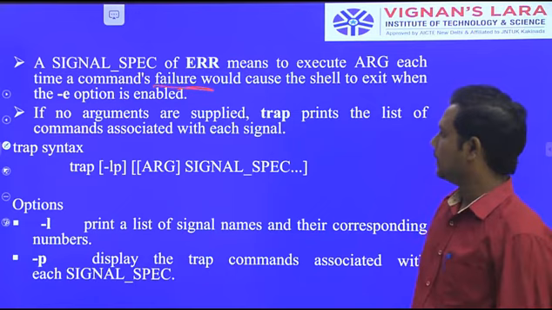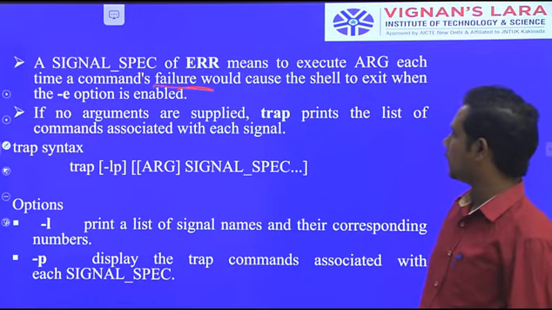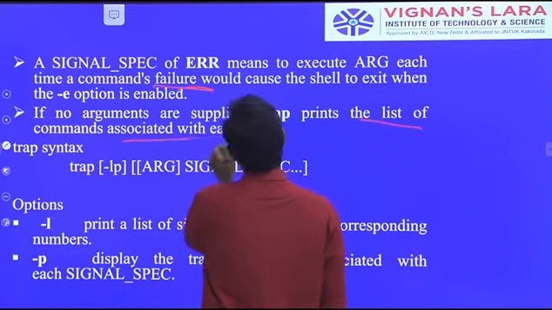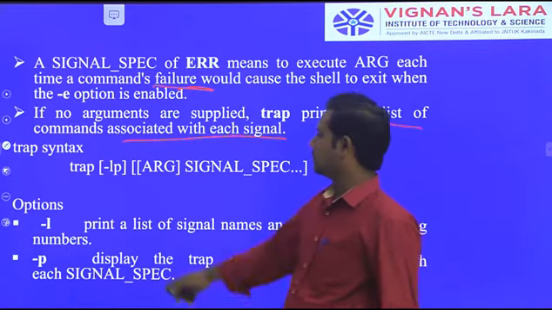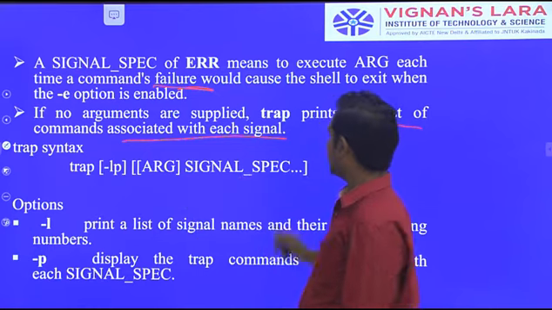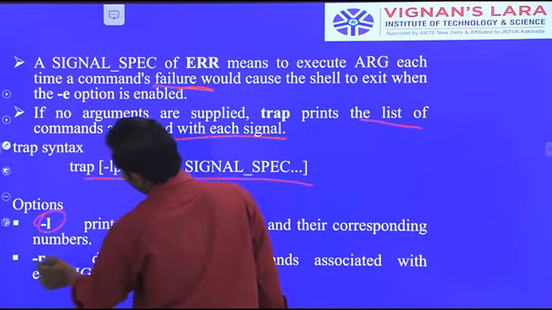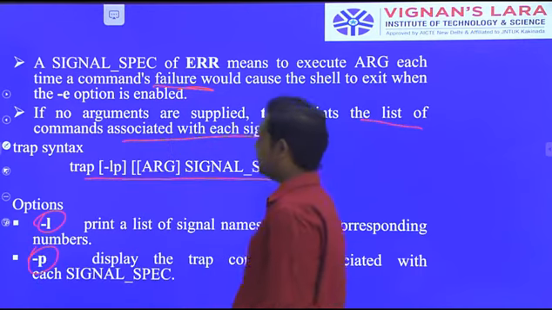I told you, if no arguments are supplied, trap prints the list of commands associated with each signal. Two options are important here, option l and option p.